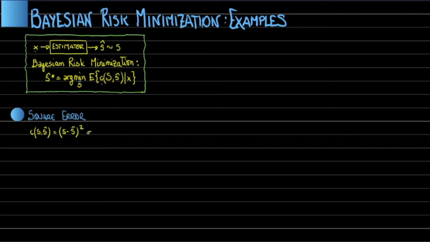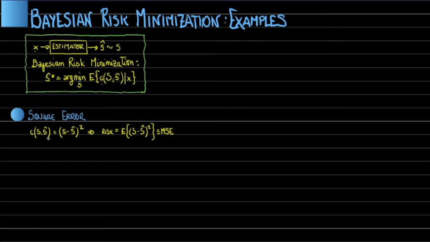In that case, the risk is equal to the expected value of S minus S hat to the square, which is usually called the mean square error, or MSE.